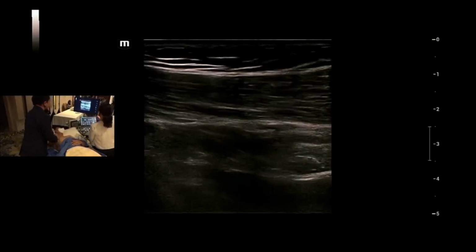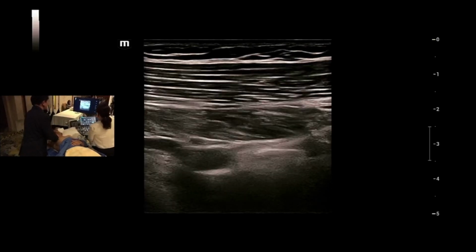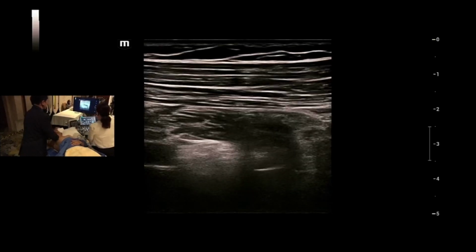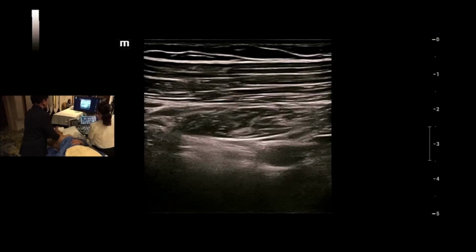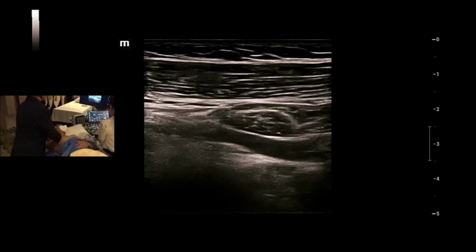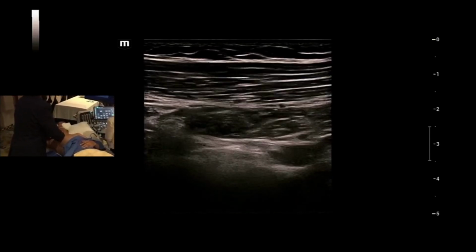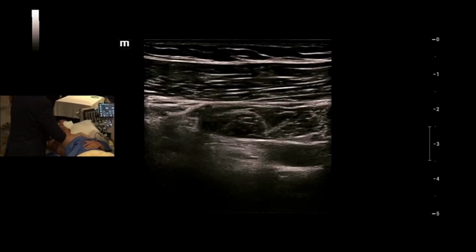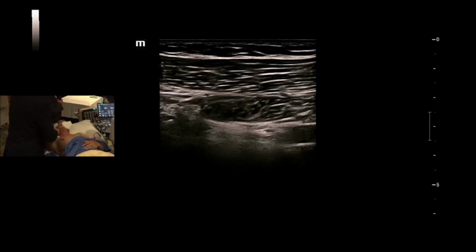Yeah, there you go. And then you can use the hand behind. This one. Okay. Yes. So this position is always important when you're trying to scan below the clavicle. Yeah. So there you go.